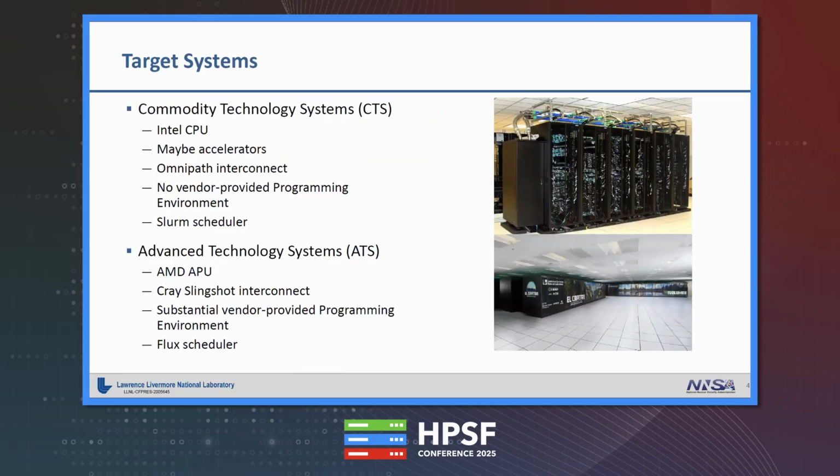We have a couple different types of systems that we're targeting on site and within the tri-labs. We have our commodity systems that we've designed and worked with vendors to come up with, a generic thing that we can scale up in large units as needed and as many as available. Intel CPU, maybe has the option for GPUs, regular Omni-Path and no vendor supplied environment.